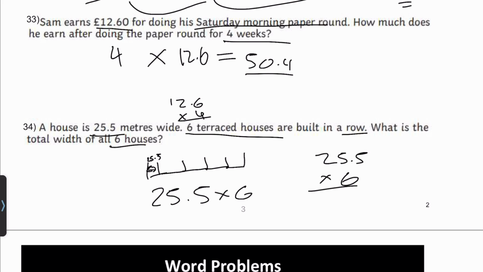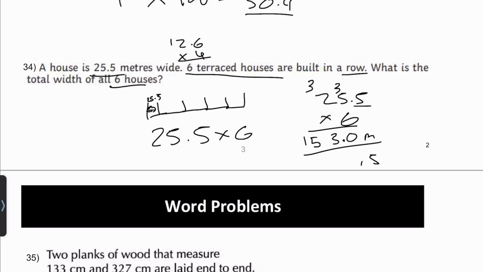If you times that, 6 times 5 is 30. 6 times 5 is, again, 30, but this time you add the 3. 6 times 2 is 12, add the 3, 15. One digit behind the decimal point. So it's going to be 153.0 meters. You can always just put in 153 to the online answer sheet.